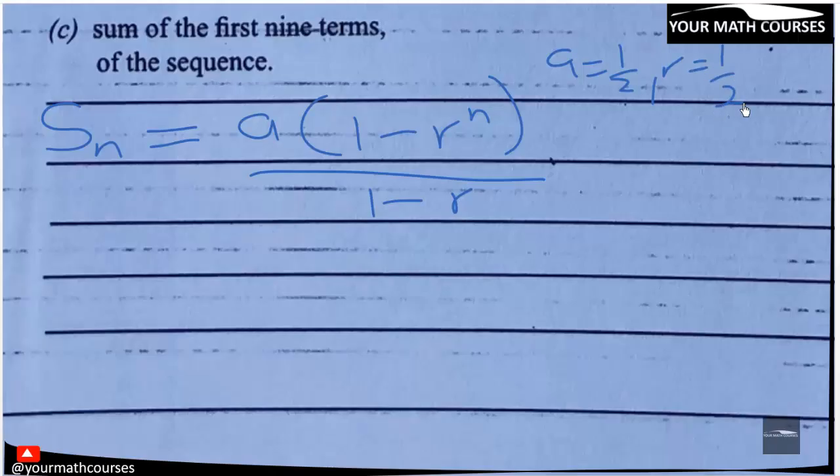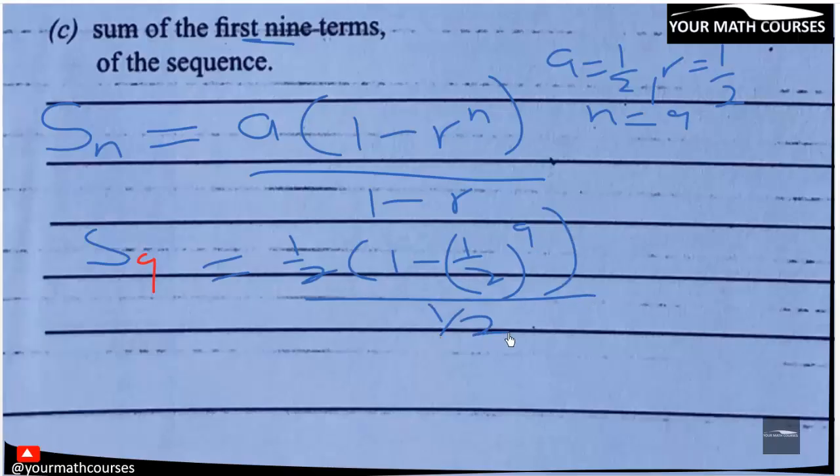So let's substitute, and this time n is again equal to 9. So we have S sub 9 equal to a, which is 1 over 2, 1 minus 1 over 2 exponent 9 all over 1 over 2.